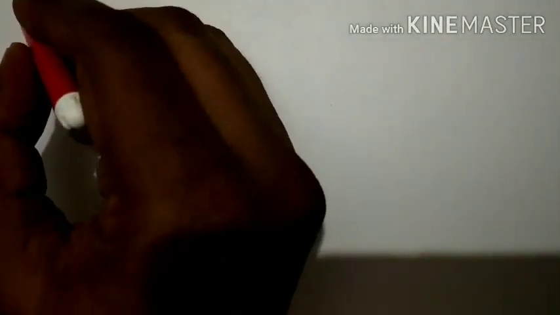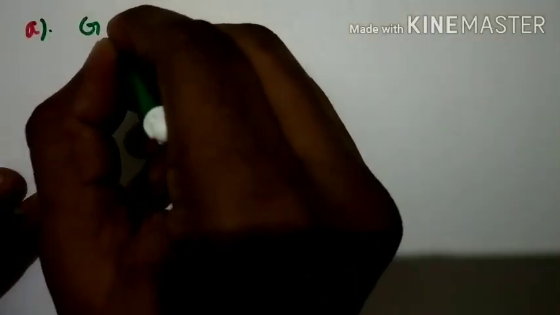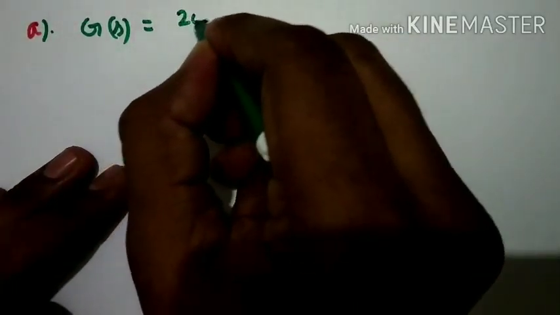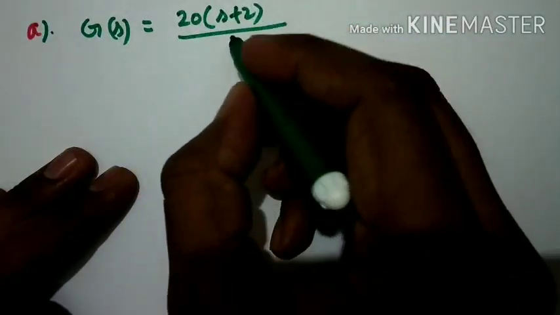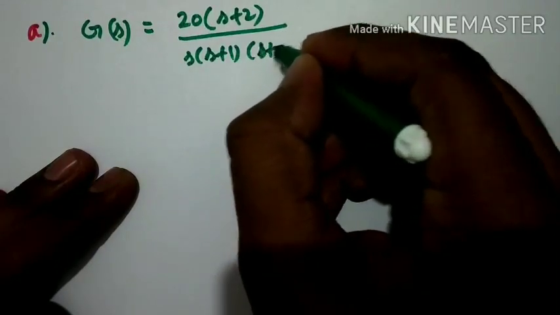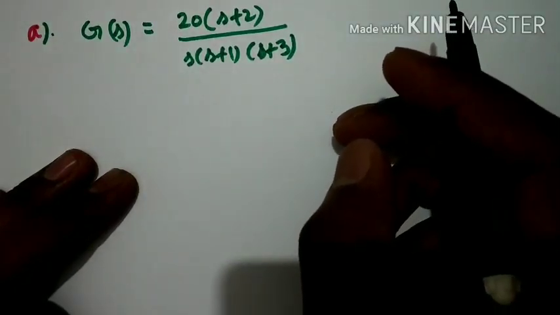So the first transfer function is A. G of s is equal to 20 into s plus 2 by s into s plus 1 into s plus 3. So this is the given servo mechanism open loop transfer function.